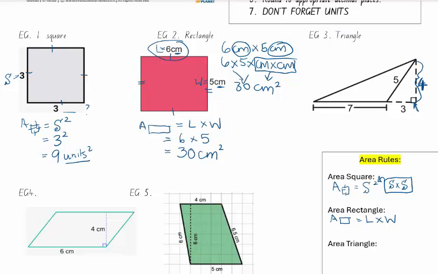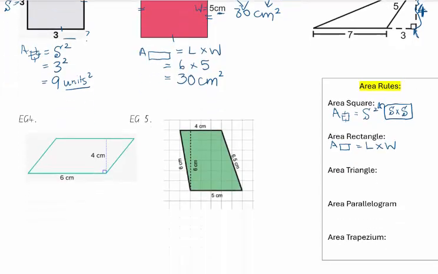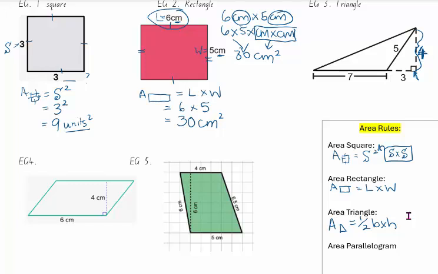This is a triangle. Let's go and have a look at the rule for a triangle. So an area of a triangle equals half base times height. In Year 7, when we were deriving formulas, hopefully you had a rectangle, base times height, that you folded in half, and when you halved it, you could have seen that it created a triangle.